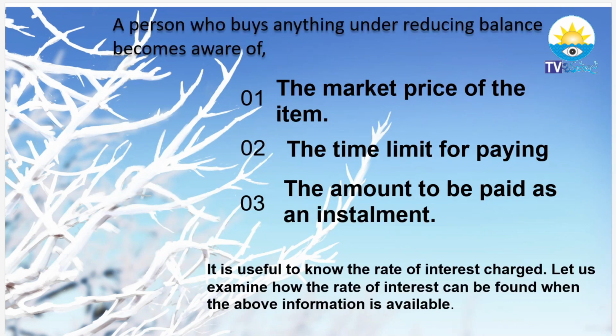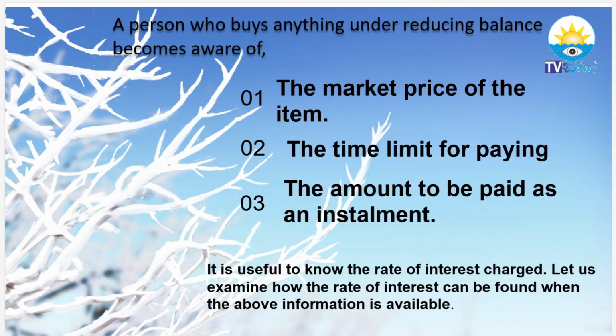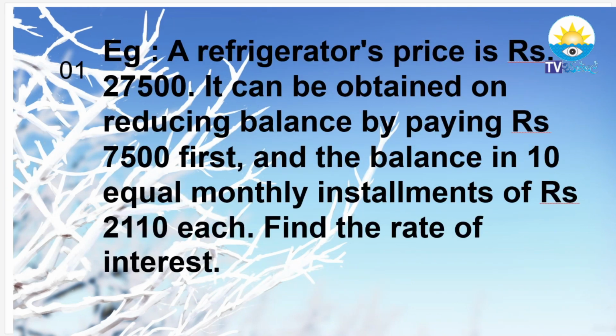The market price of the item: you can see that in the question as 27,500 rupees. Secondly, the time limit for paying. It's also in this question, balance in 10 equal monthly installments.